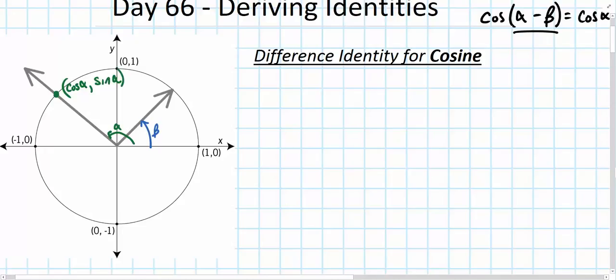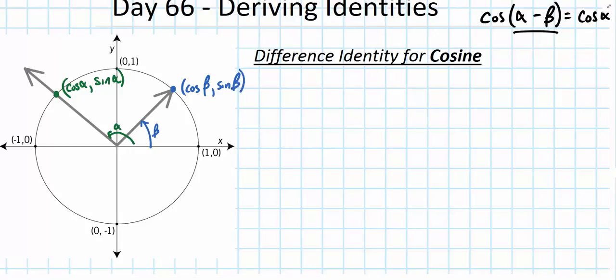So I've got cosine of alpha and sine of alpha. Similarly, this point would be cosine of beta and sine of beta. We're not going to be focusing on the angles as much as the two data points.